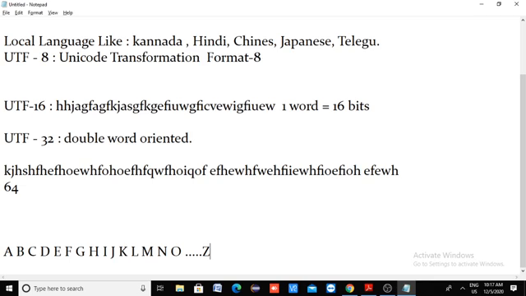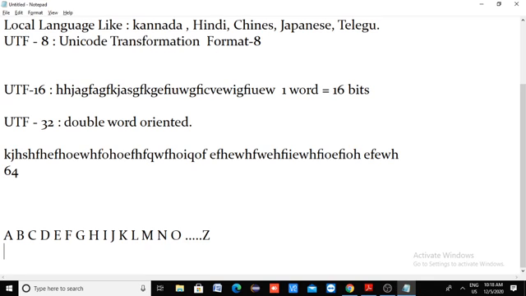That means A is smaller than B, and B is greater than A. C is smaller than D and C is greater than B. Z is greater than Y, and Z is greater than all remaining characters. Like this they are ordered, and that is the collating sequence.